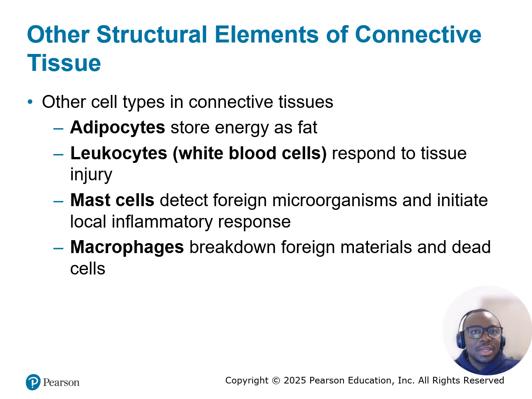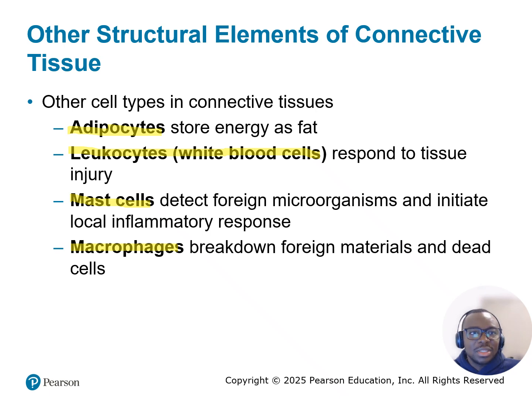Other cell types in connective tissues include adipocytes, leukocytes or white blood cells, mast cells, and macrophages. Adipocytes store energy as fat. Leukocytes respond to tissue injury. Examples of leukocytes include neutrophils, eosinophils, and lymphocytes.